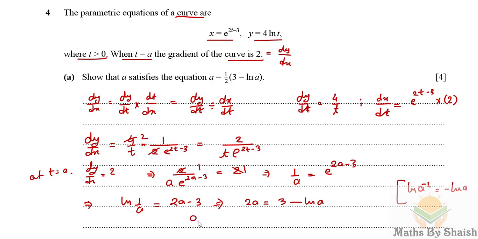So a we can write as 1 upon 2 times 3 minus ln a, which means a satisfies this equation. That is the question. Let's do the b part of it.